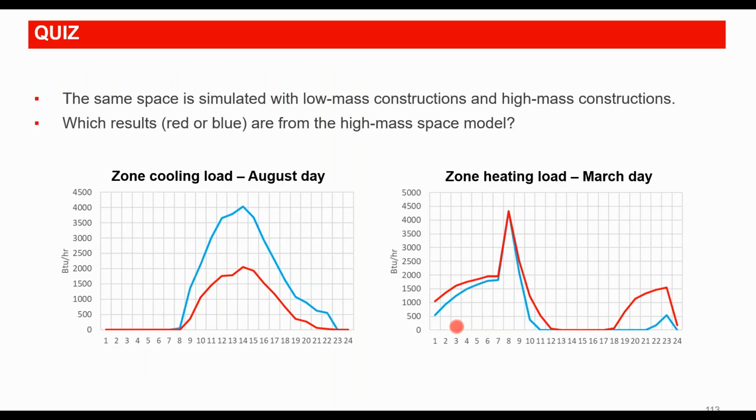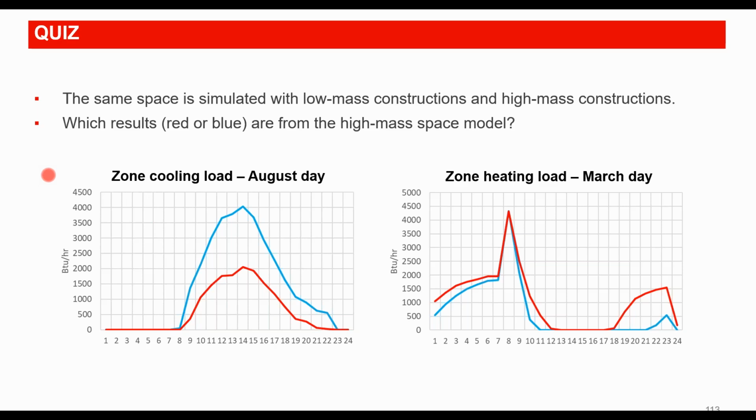So question, we'll just quickly try to move along here, but for an example, if we look at the one on the left, we'll just do the cooling load day because it's a little easier to understand. Which of the results, either the red line or the blue line, would be considered a space that has high mass? And this could be both interior to the space and your exterior wall.